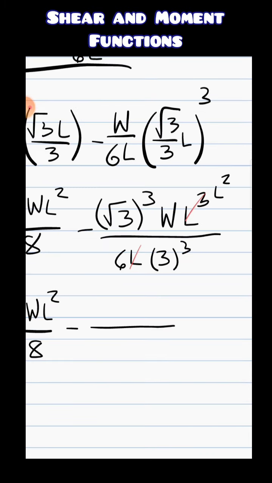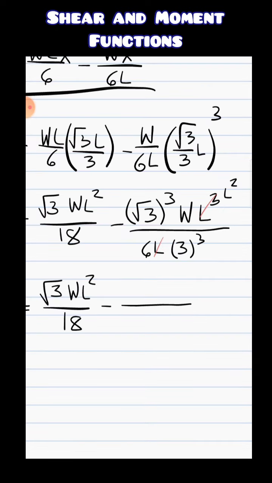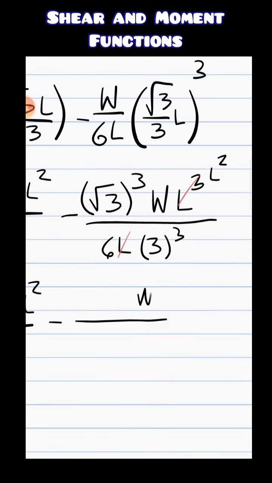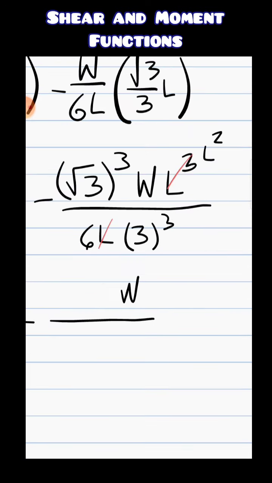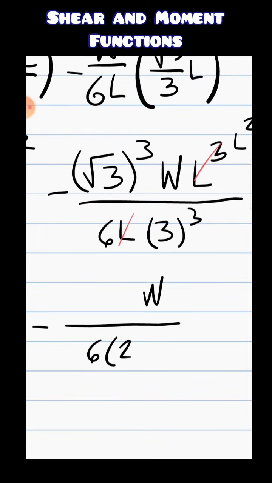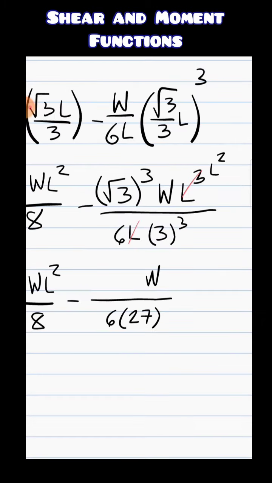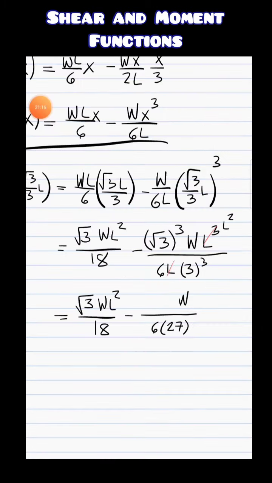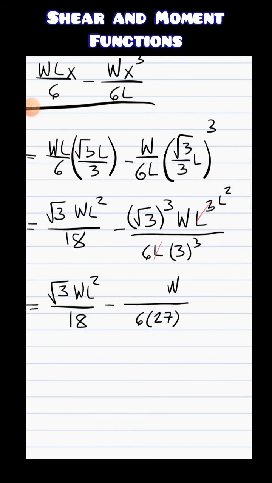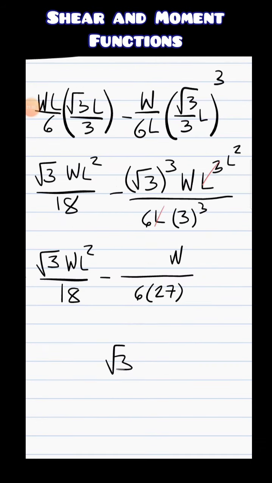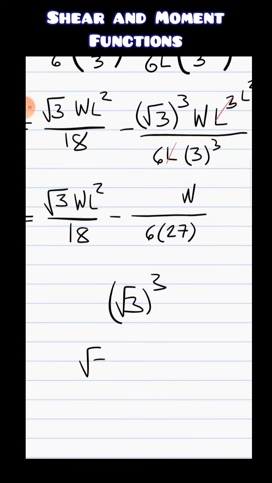so this square root of 3 raised to the third power is going to be what? But before that, let's simplify this below. 3 to the third power is equal to 27. While above, if we look at square root of 3 raised to the third power, it's going to be square root of 3 times square root of 3 times square root of 3.